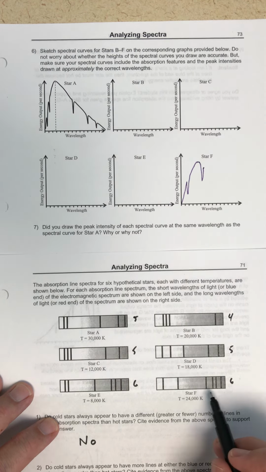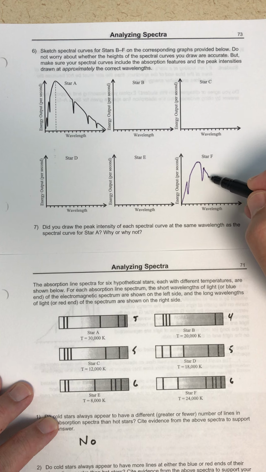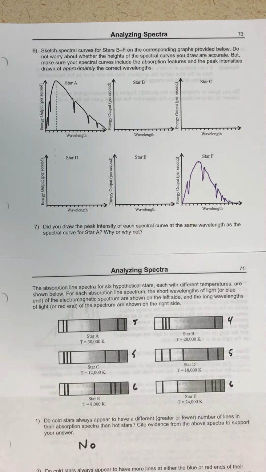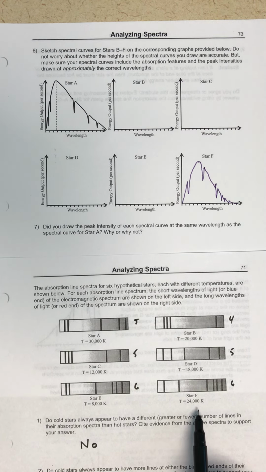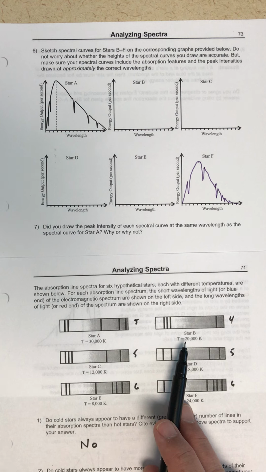And then I need to have 1, 2, 3, 4 absorption lines as it goes down over towards the red end. Oops, absorption, not emission. So something like that.